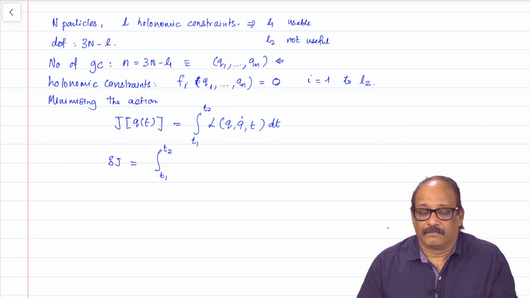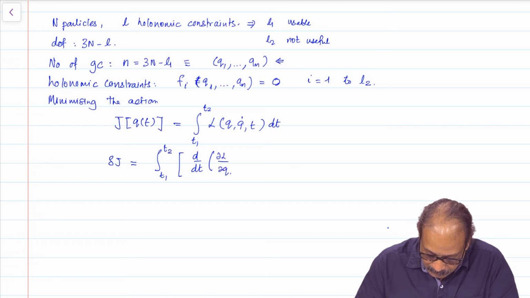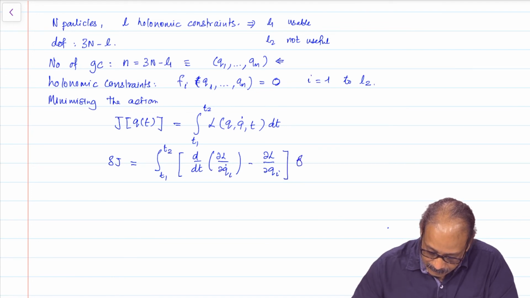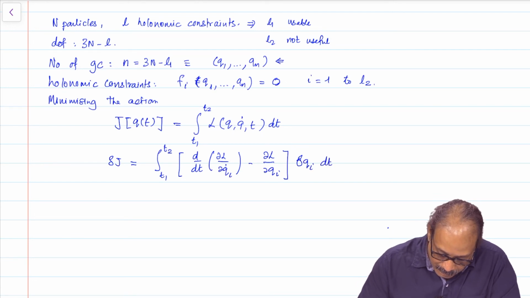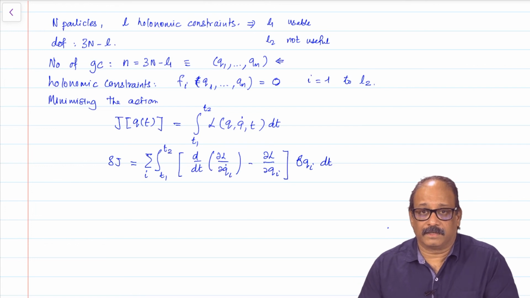And remember what this came to? This came to d by dt of del L by del Qi dot minus del L by del Qi, multiplied by delta Qi dt, summed over all i. This is the equation that we get.